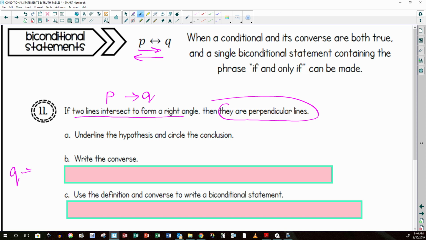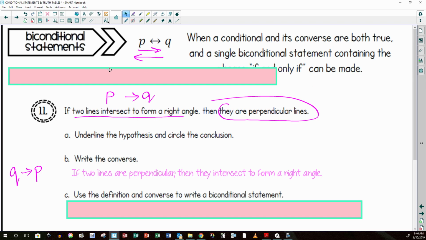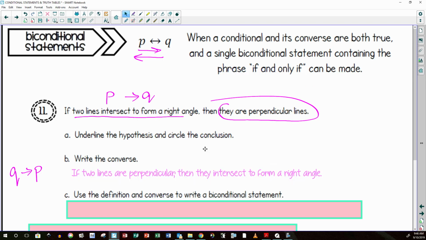So I want to say it backwards. So now I'm going to say if two lines are perpendicular, then they intersect to form a right angle. So you always want to make sure when you say if, don't go if they, because you haven't introduced the two lines yet. So you want to make sure I know what you're talking about. If two lines are perpendicular.